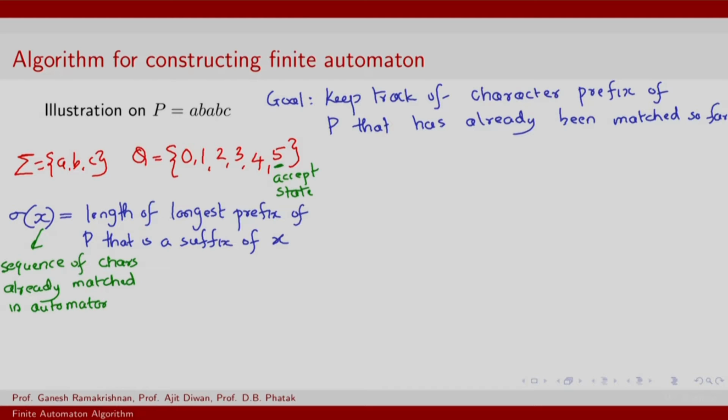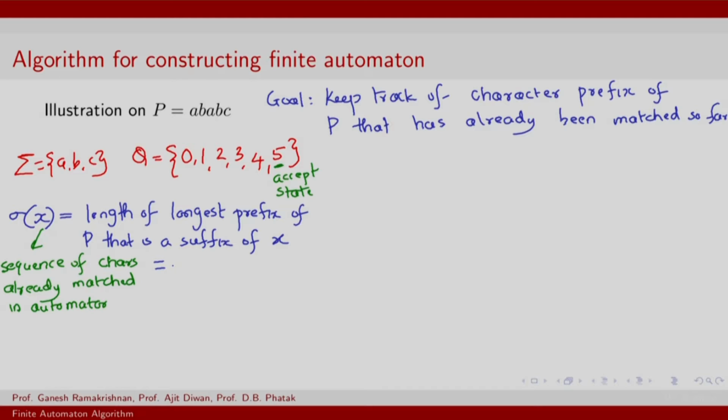So, I would like to look at where to hop back into the automaton so that the prefix of P that is already matched as per the suffix of X is registered or memorized.